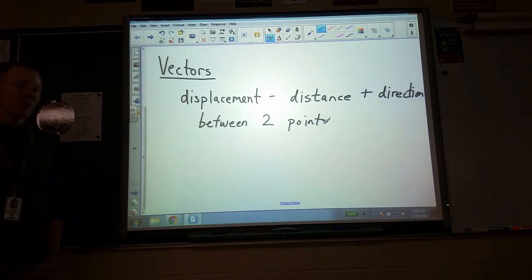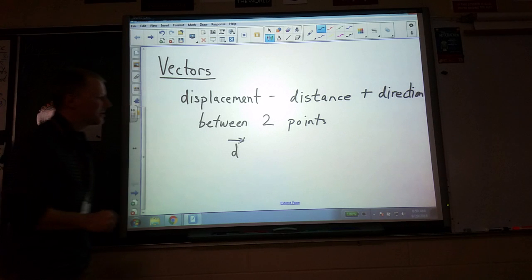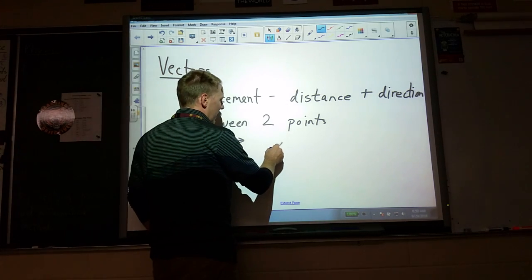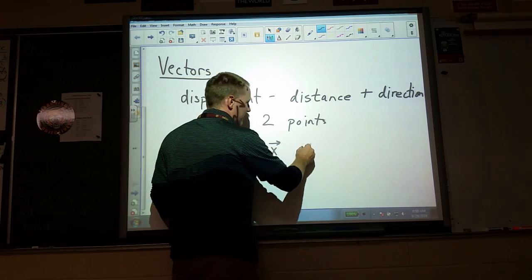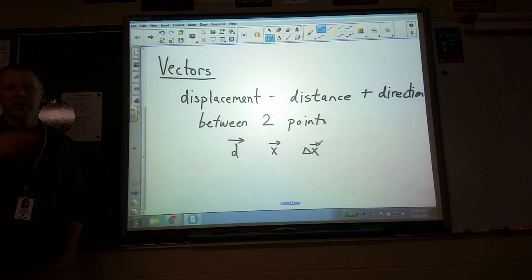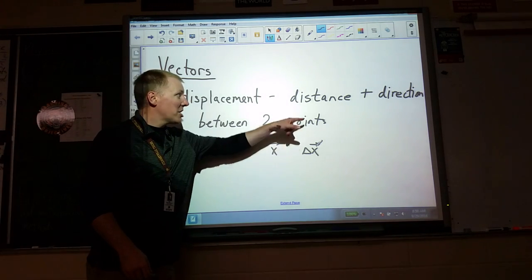There are different ways that we will show this or that we'll write it. If you see a D with an arrow above it indicating that it's a vector, that's a displacement vector. We might see it X or delta X, something like that. And it could be Y or Z too, depending on what direction it is. But these all mean the same thing. Delta just means that change in it.